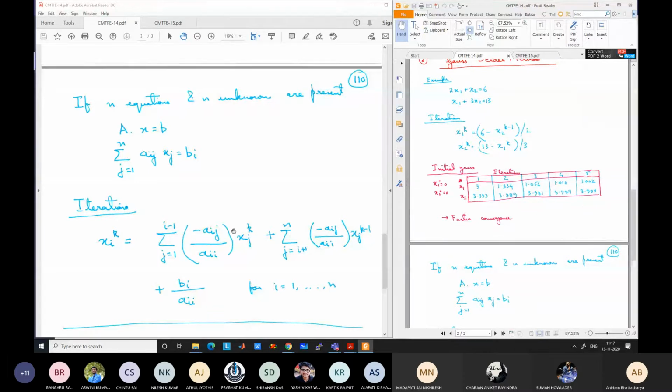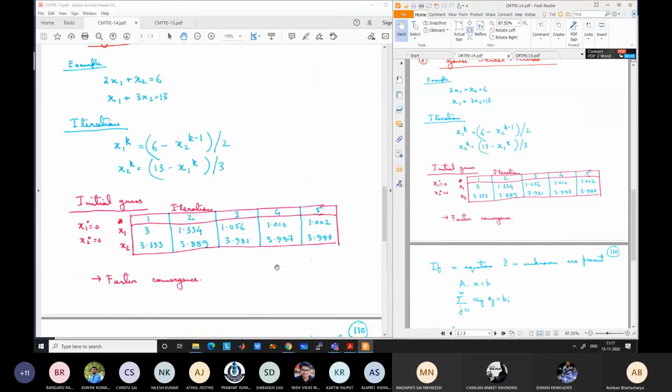Then when you go to the 42nd unknown, up to 41 you already have the values, and from the 43rd you are using the old iteration value. Like this you will proceed. So you are using some extra information as compared to the Jacobi method.